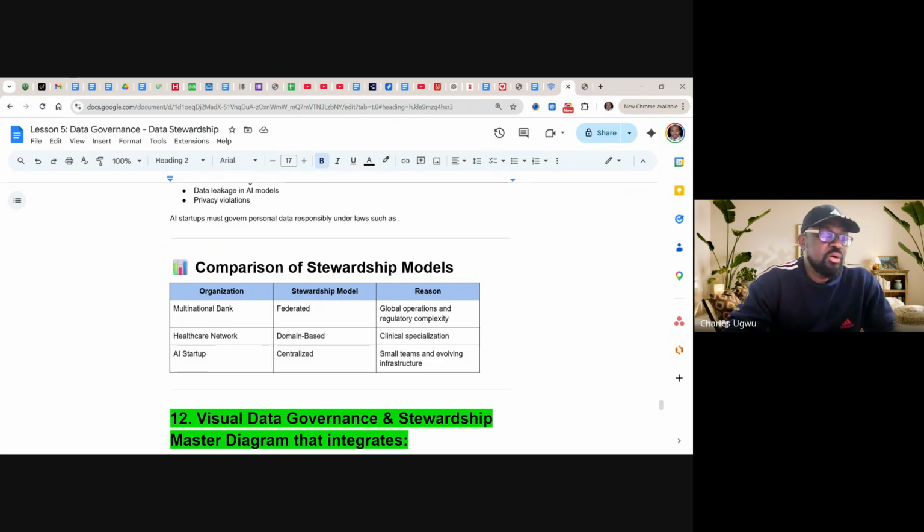Then for a healthcare network, we use domain-based for clinical specialization. For an AI startup, we use the centralized stewardship model for small team and evolving infrastructure.